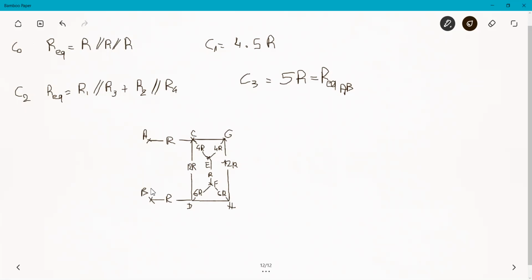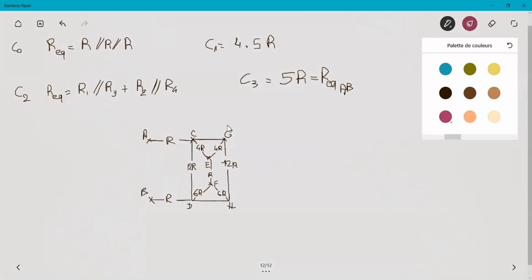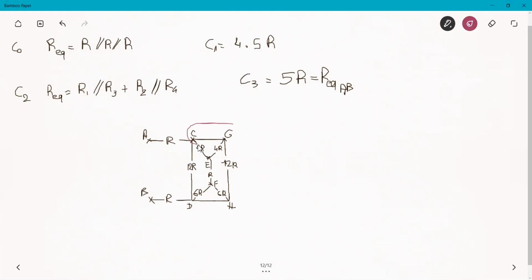Yes. Okay, so now the idea again is to see which nodes might be fused or not. And this is going to help you a lot. You can see that now these two can be fused. They are linked by a wire, which means that they have the same potential, and same here.